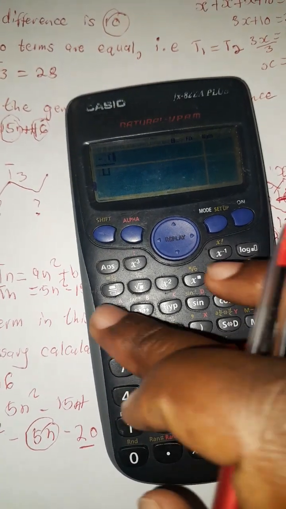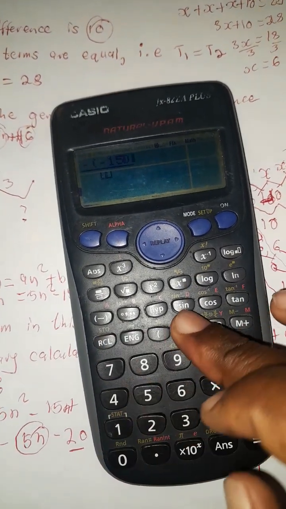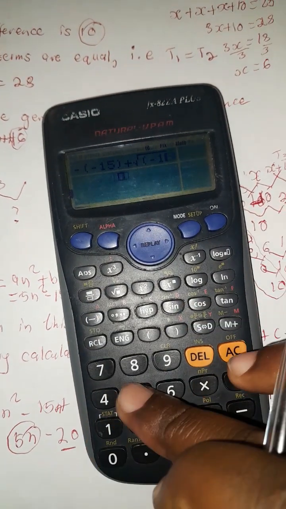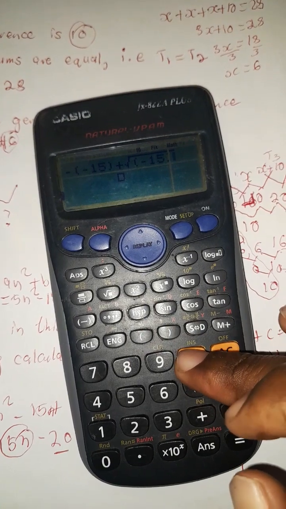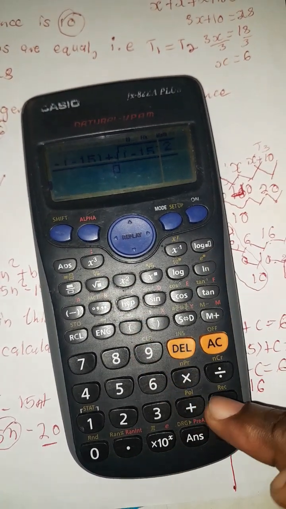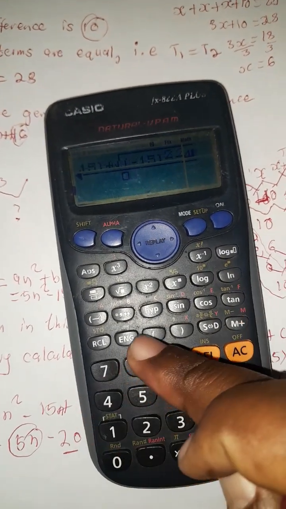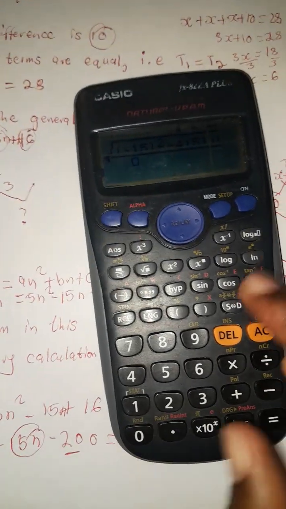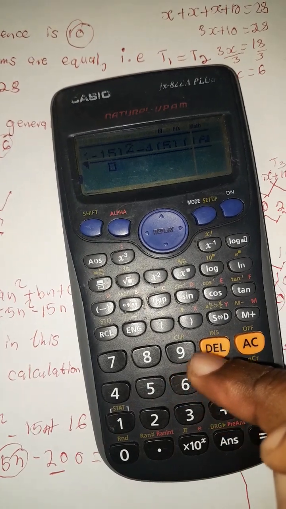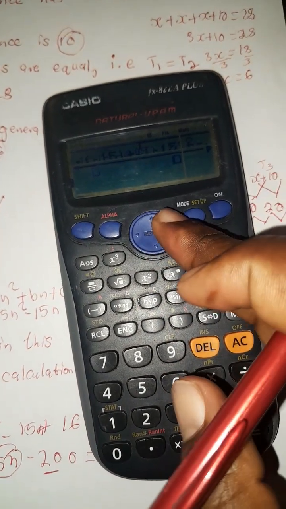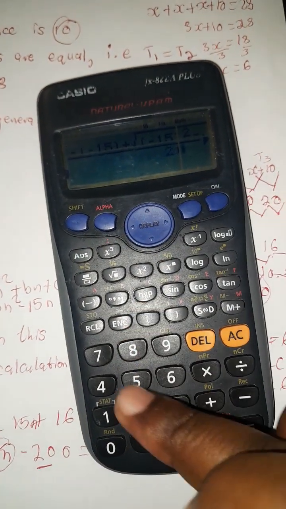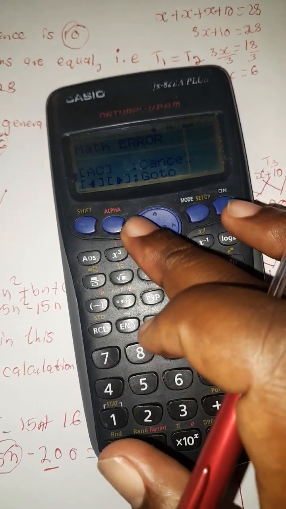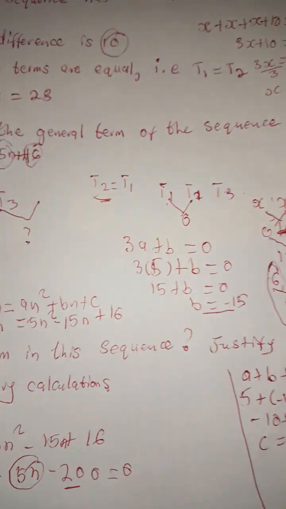It should be negative b, so negative 15 plus root, then negative 15 squared here. For our a, it's 5. Our c will be plus 16. Right, then our a will be 5. And let's see what we are getting. Why am I getting an error?